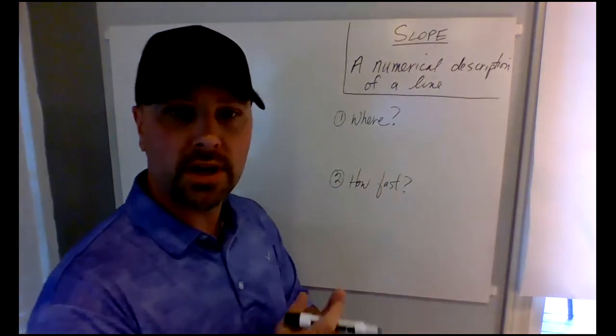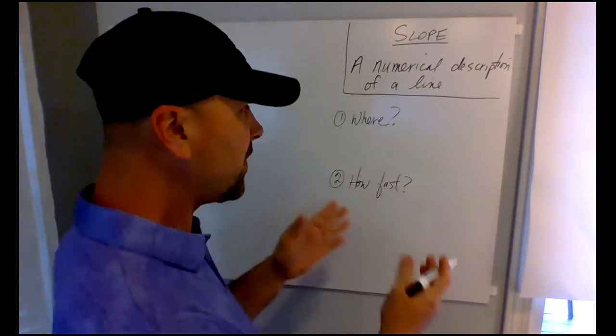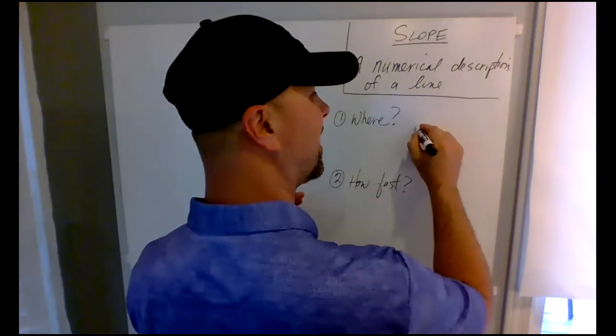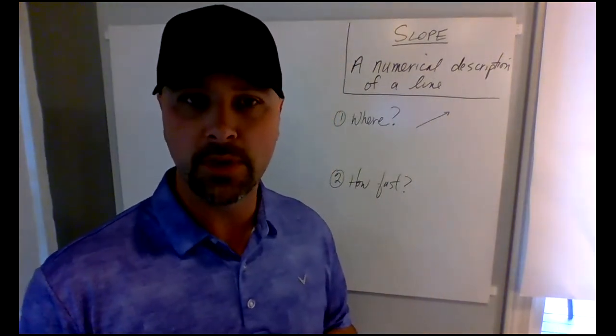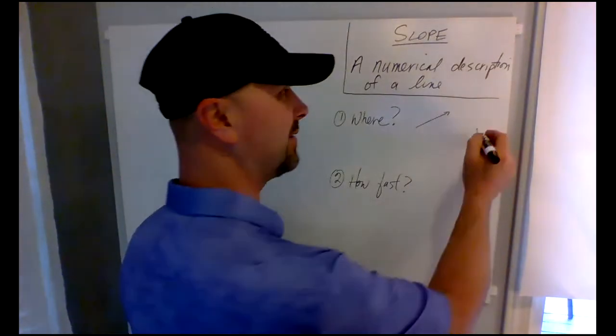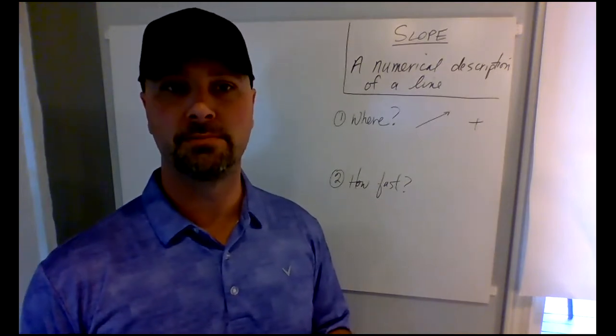So when we're talking about reading graphs, I want you to read them from left to right. When we look at a line from left to right and we see that the line is going up, that's an increase, right? If it's going up, it's increasing. And when we think about increasing, we think about adding or plus or positive.